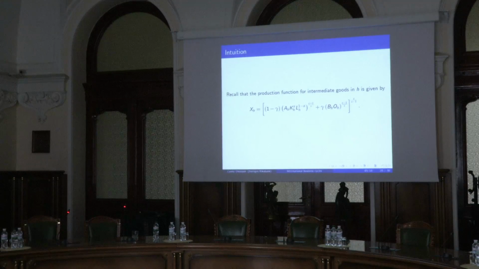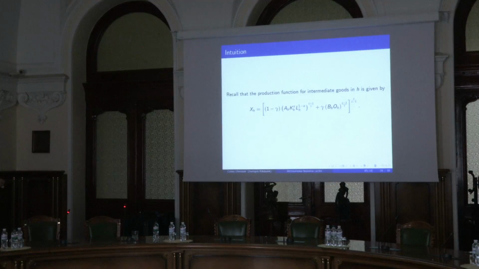But what happens in country F then? Well, you can't see this from this graph, but what happens is that if you produce much more of this intermediate good XH, the intermediate good XF becomes relatively more scarce. And what happens then is that the relative price of that good increases.